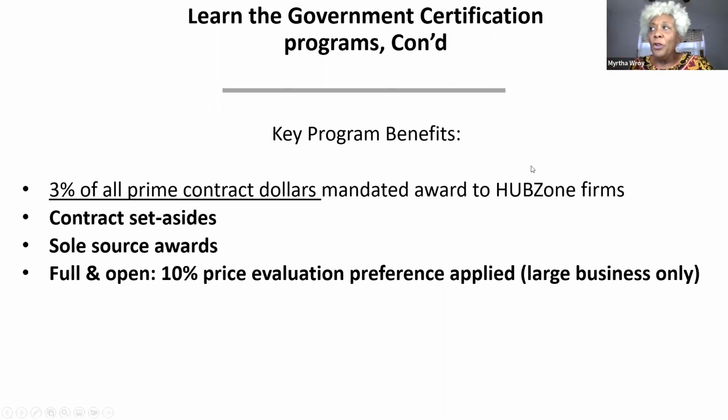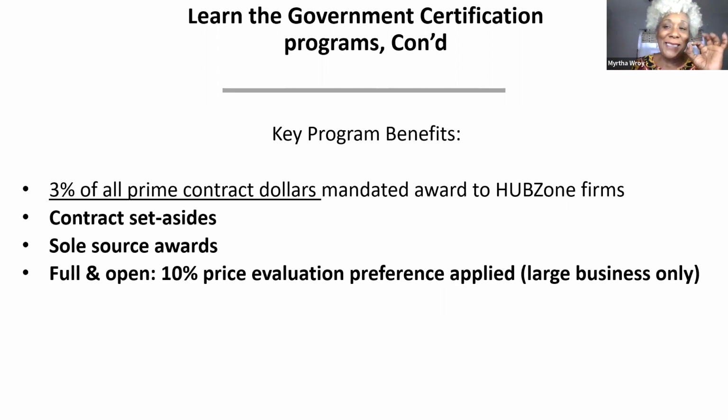Under these HUBZone contracts, which are set aside, meaning they are designated only for HUBZone, besides the set aside, they can justify sole source. And sole source, guys, is the best contract to have with the government.